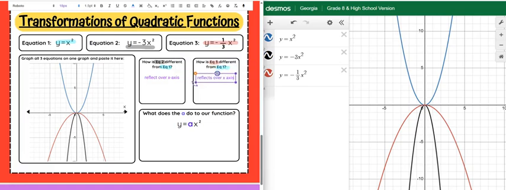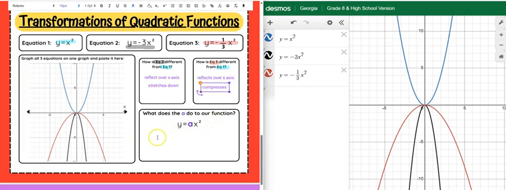In addition to reflecting, what else does it do? The black one reflects and stretches, but this time it stretches down. And the red one compresses as well. So anytime we have a number that is negative, it's going to do a flip.